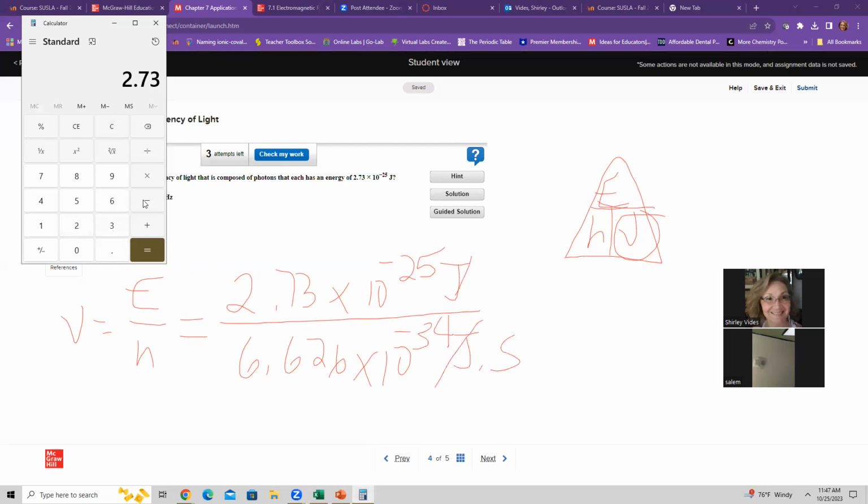2.73 divided by 6.626. We just want the answer for this one. Remind me to fix it before I give you the right answer. We need 3 sig figs, so 0.412 times 10 to the, all right, negative 25 plus 34.